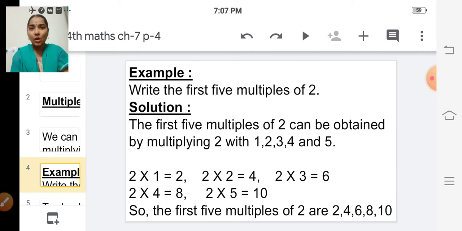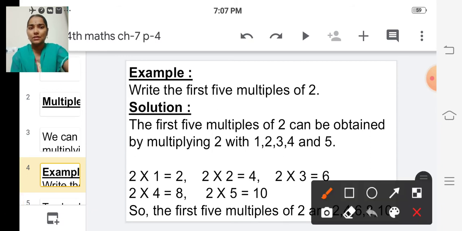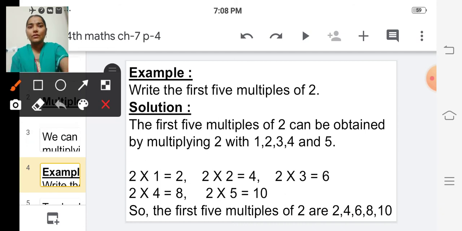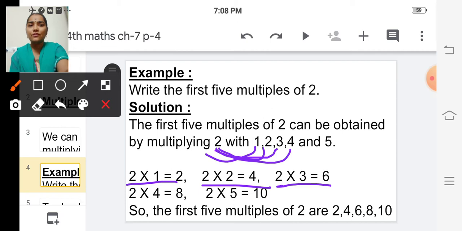So we can stop with 2 into 5 because they have asked only first 5 multiples of 2, isn't it? So we can stop with 2 into 5. Okay. So 2 into 1, 2 ones are 2. 2 into 2, 2 twos are 4. 2 into 3, 2 threes are 6. 2 into 4, 2 fours are 8.